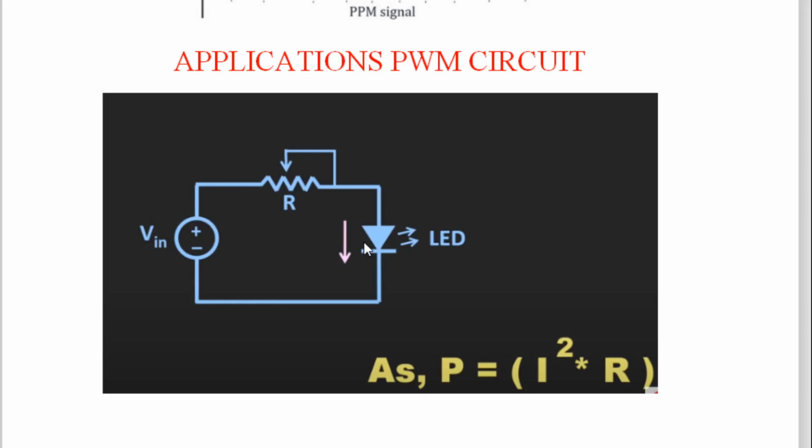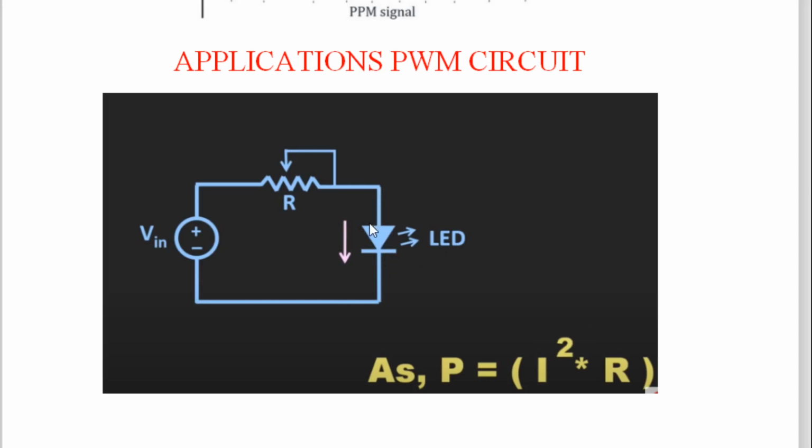And when the intensity is less, the current drawn by the LED will be less, therefore power will be less. So this is the conventional method, in which P is equal to I square R, and power is proportional to the square of the current. But nowadays this method is not used to control the intensity of the LED.